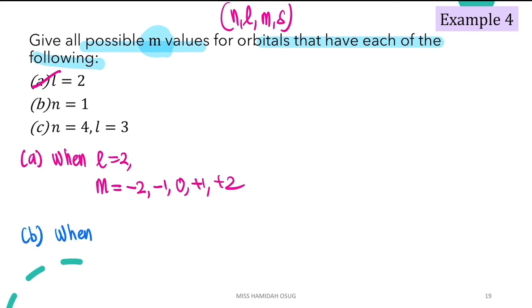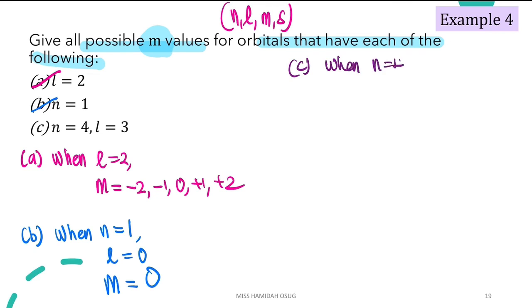Next, when n is equal to 1, L is equal to 0 and M is equal to 0. Next, when n is equal to 4 and L is equal to 3, then your M value should be -3, -2, -1, 0, +1, +2, +3.